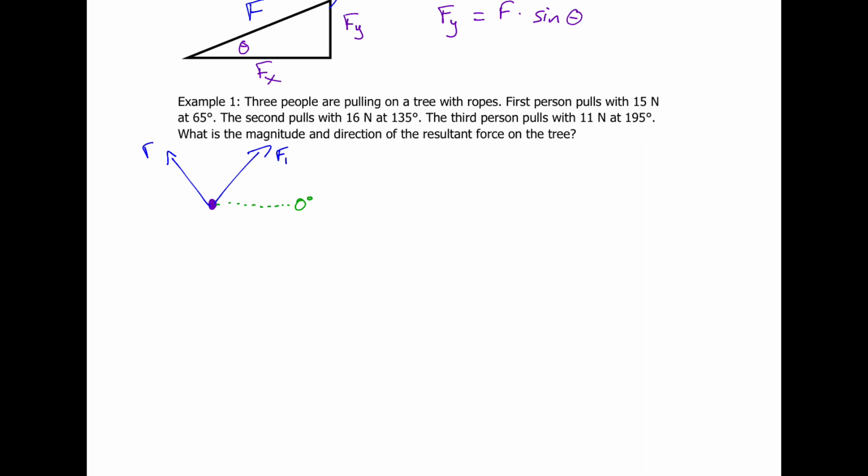All right, that'll be F2, somewhere over there. And where would F3 be? Down a bit, right? Because all the way flat would be 180, and this is 195. So it's just a little bit past flat down. So somewhere, maybe there. That'll be F3.